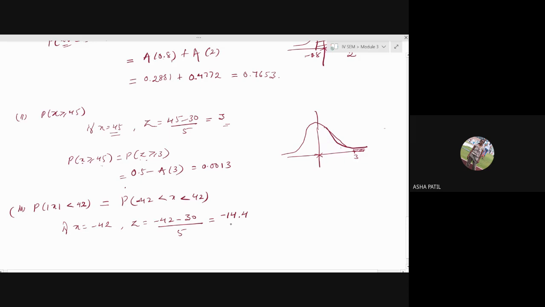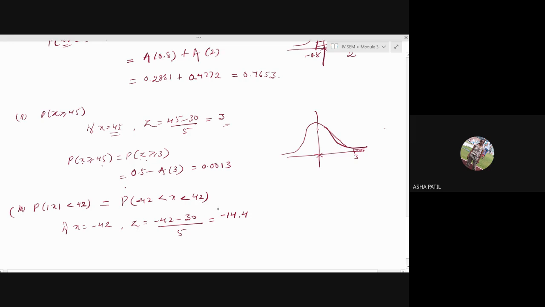That value is not there in the table, I hope. Let me check whether I have done it correctly. What went wrong? A negative Z value, we won't find in the table.